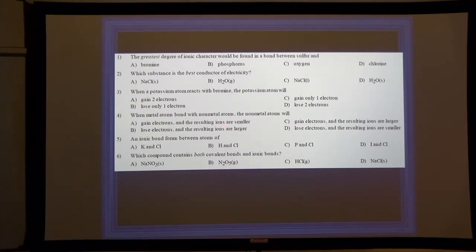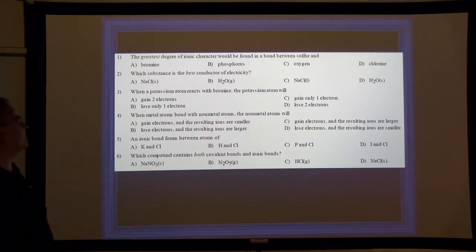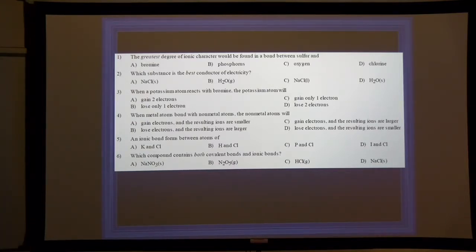It says when metal atoms bond with nonmetal atoms, the nonmetal atoms will... What do nonmetal atoms do? Those are the guys on the right of the periodic table with the higher electronegativity.